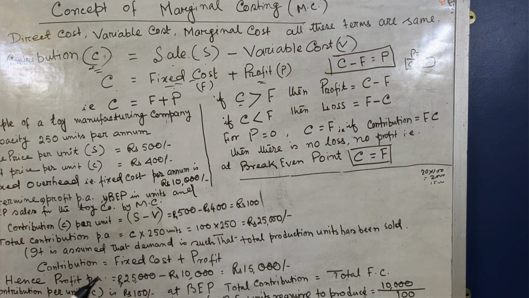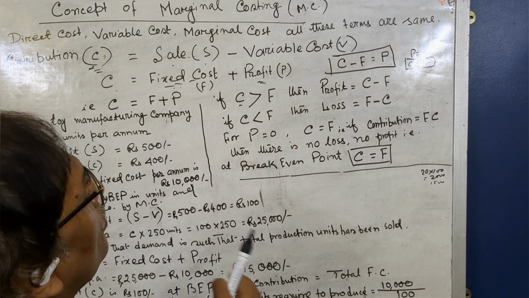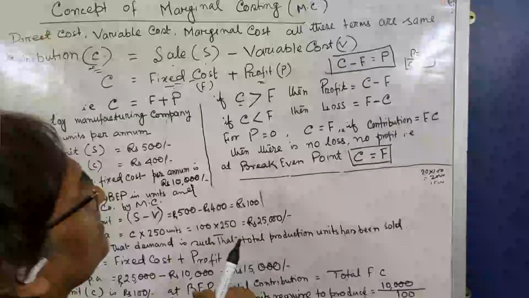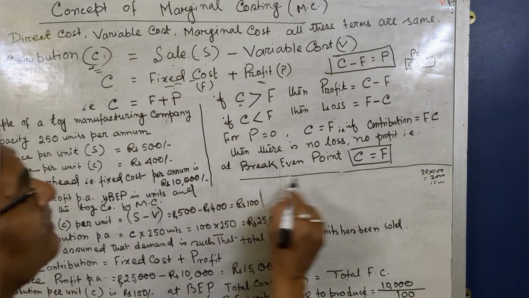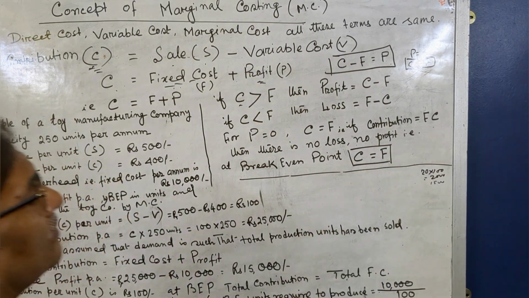We have already discussed previously that at break-even point, there is no loss, no profit. Hence, we can say at the break-even point, contribution and fixed cost are the same.